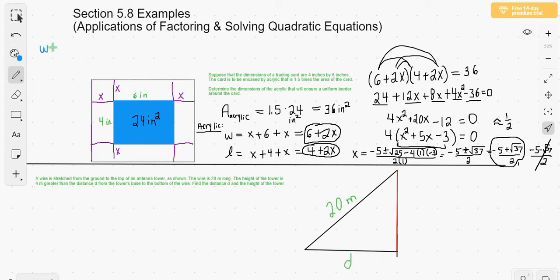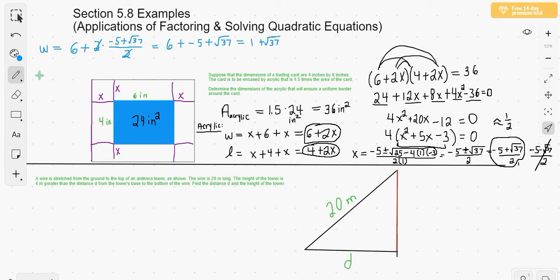The width is 6 plus 2 times that whole thing, negative 5 plus root 37 over 2. And notice something nice happens. These 2's cancel out. So we've really just got 6 plus negative 5 plus root 37, which is the same thing as just 1 plus root 37.